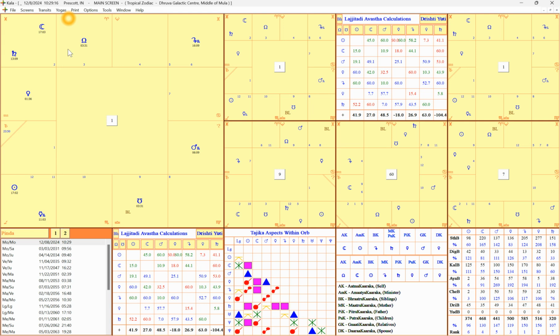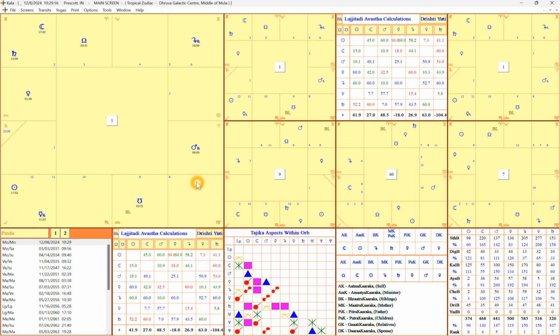The first half of Aries is Aries, the second half of Aries is Taurus, the first half of Taurus is Gemini, the second half of Taurus is Cancer, the first half of Gemini is Leo, then Virgo, then Libra, and Scorpio and Cancer, Sagittarius and Capricorn and Leo, and so on. And we go Aquarius and Pisces are the two Horas in Virgo. That's the Parivriti method. Okay? Now that method works with all Varga charts.